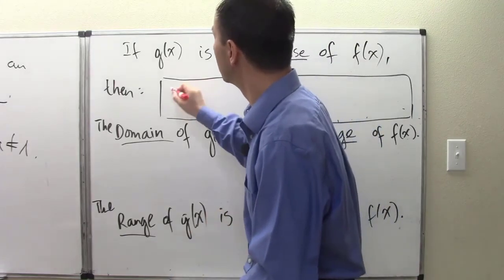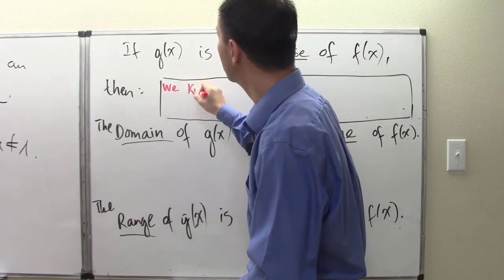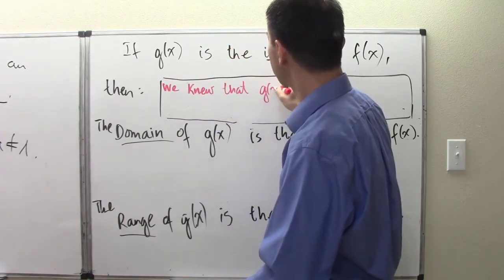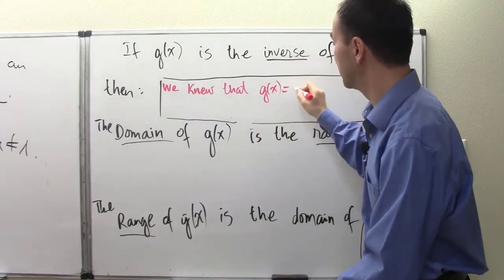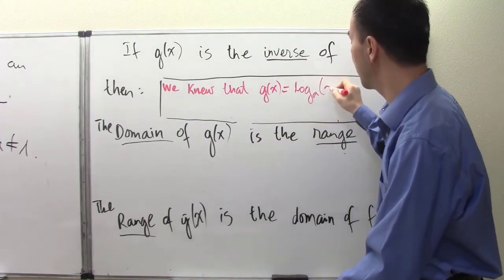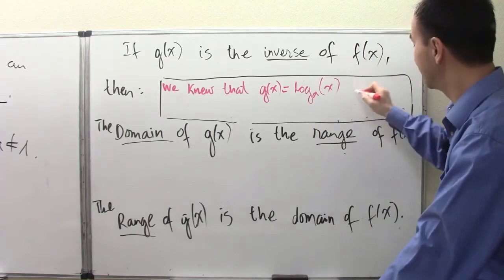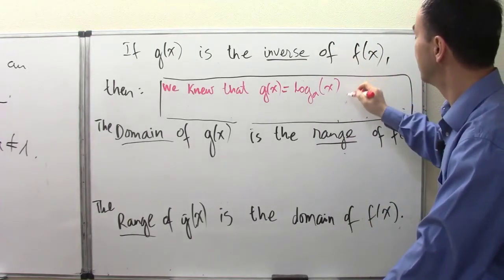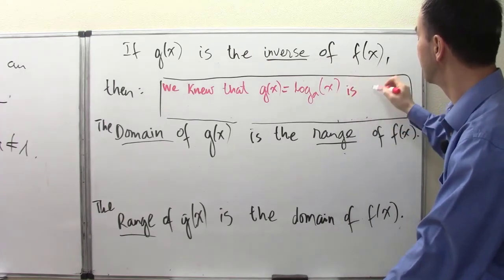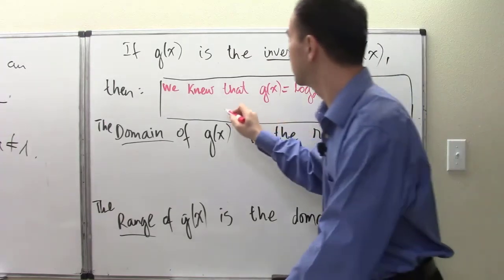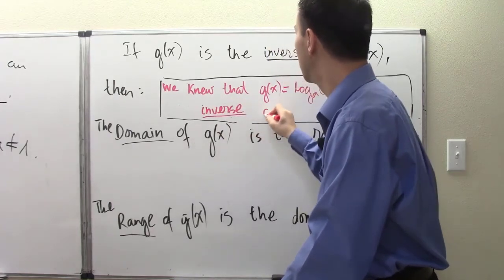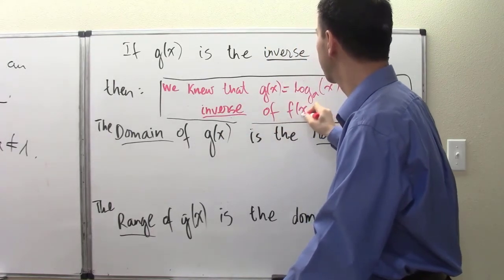So we knew that our g of x, if we define g of x as a logarithm base a of x, is the inverse of f of x.